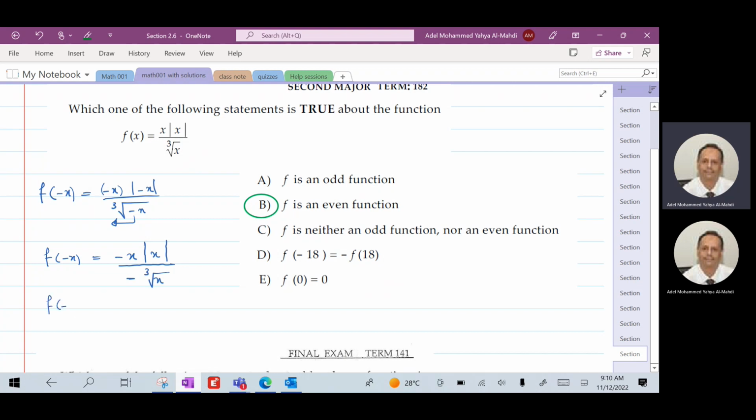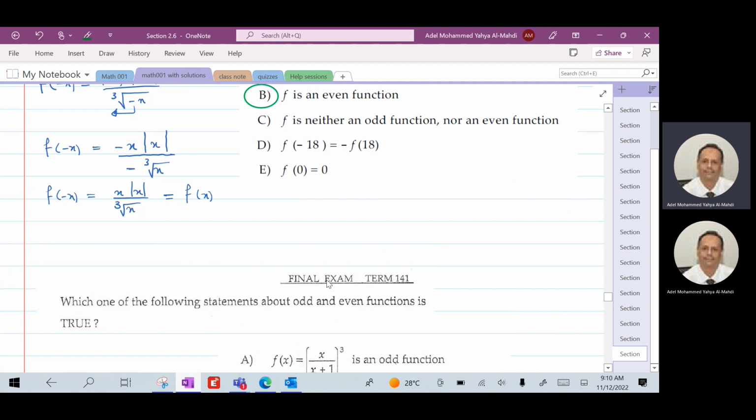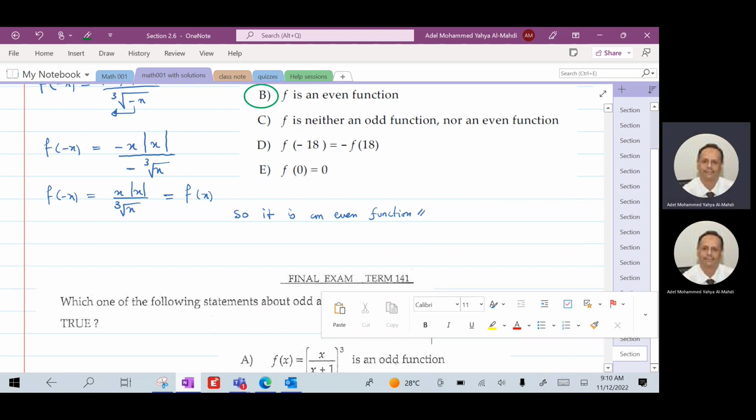Then f at minus x is equal to x times the absolute value of x over the cube root of x. Let us check, is it the same as f? The answer is yes. Then it is an even function.